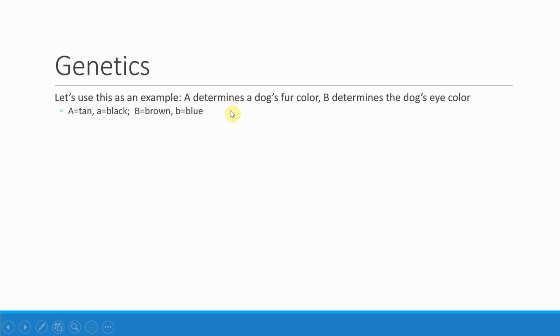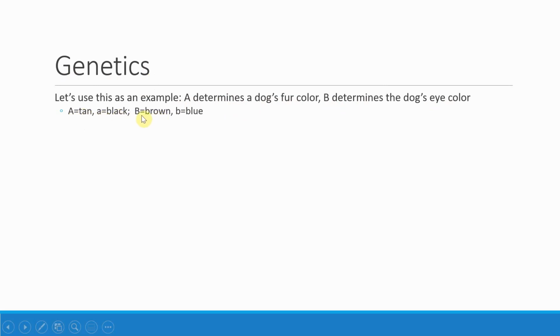So let's cover that. We're going to start with an example here that I just made up, where we've got some dogs, with a couple of traits: the dog's fur color, which is determined by the A genes, and the dog's eye color, which is the B genes. For the fur, capital A will give us tan, lowercase a will give us black.